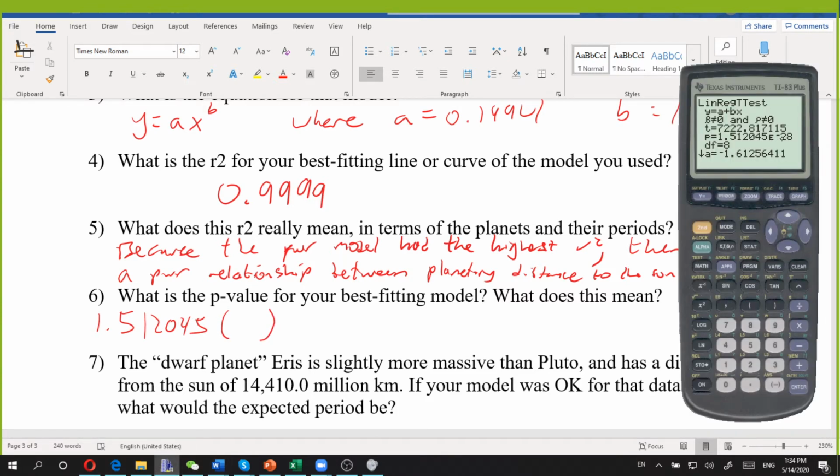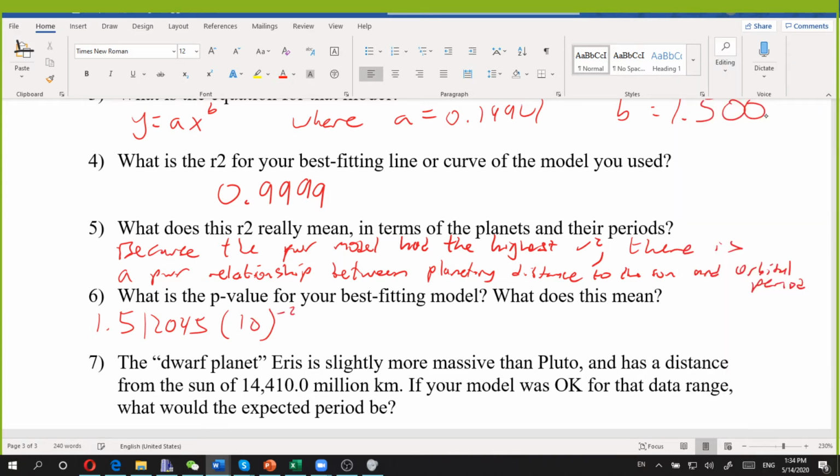What does this e to the negative 28 mean? This is scientific notation, there you go, times 10 to the power of negative 28 is our p-value. Okay, so what our p-value means is this is the probability that we could randomly get a result that is this far away from zero, from a slope of zero.